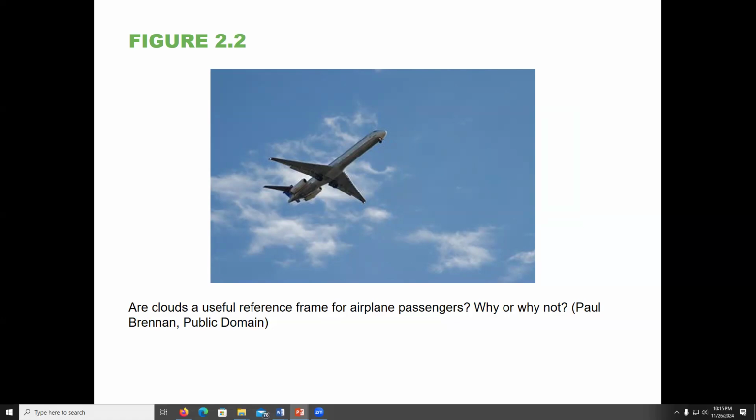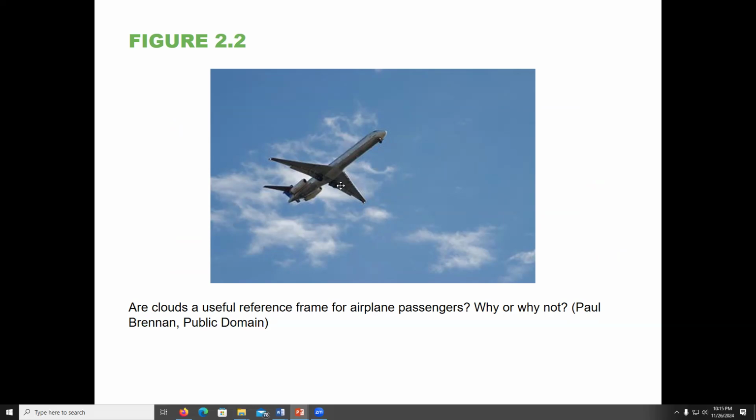There are two types of frames of reference. There is a stationary, static frame of reference, and then there is a dynamic or moving frame of reference to which we compare our movement. But are clouds a useful reference? Obviously not, because clouds are gases and they're constantly moving.